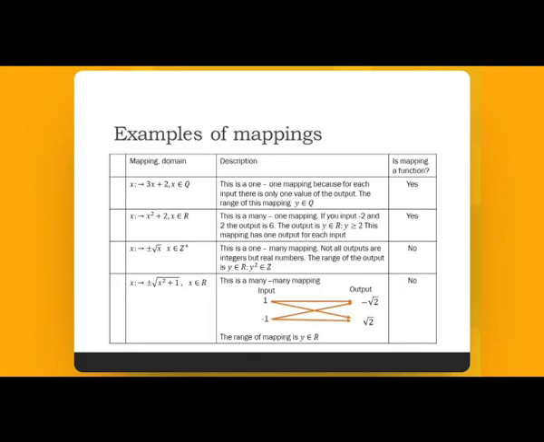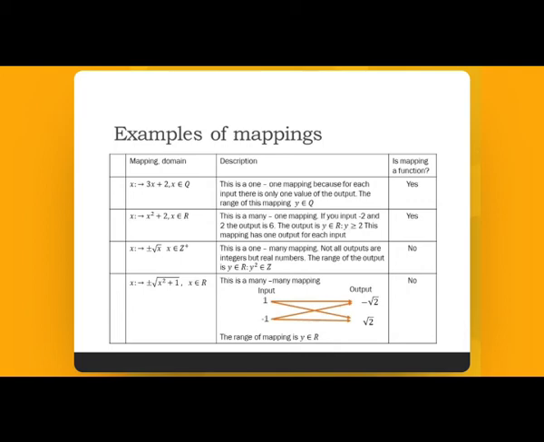The range of this mapping is y belongs to the set of rational numbers, and this is a function because there is only one output for each input.